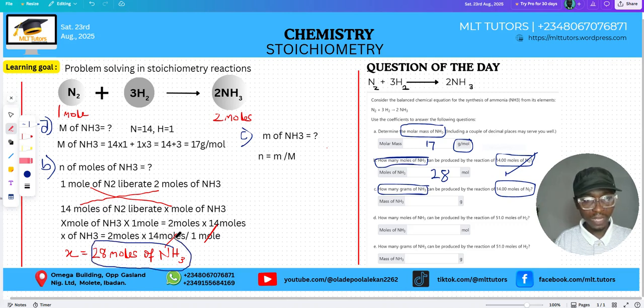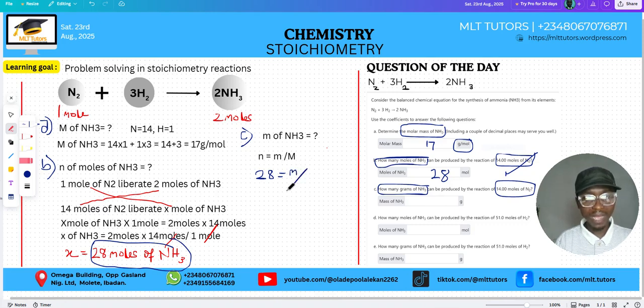So that implies that our number of mole, n for ammonia, is equal to 28. And that is equal to the reacting mass, which is unknown. That's what we are looking for.